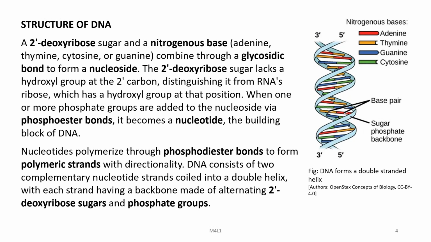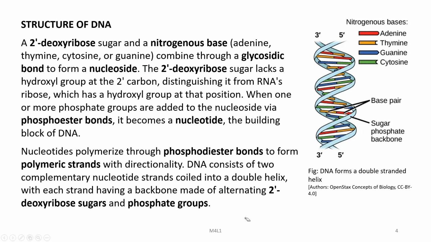DNA consists of two such complementary nucleotide strands, which are coiled into a double helix, with each strand having a backbone made of alternating 2'-deoxyribose sugars and phosphate groups.